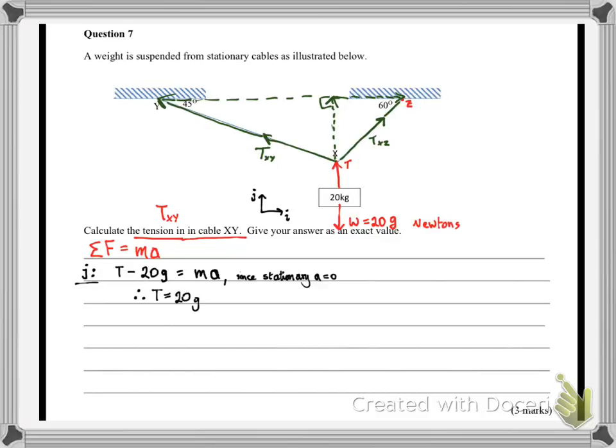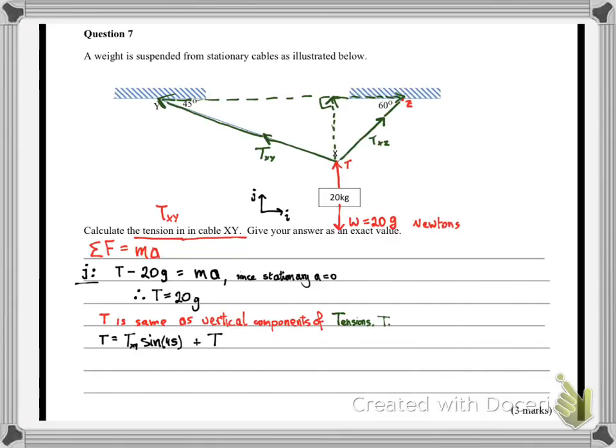So that means the sum of forces is 0 and we get tension is equal to 20 g in newtons. Now, this tension force here, that's going to be the same as the vertical components of these tension forces here. Okay, that T will be equivalent to the vertical components of the two tension forces.